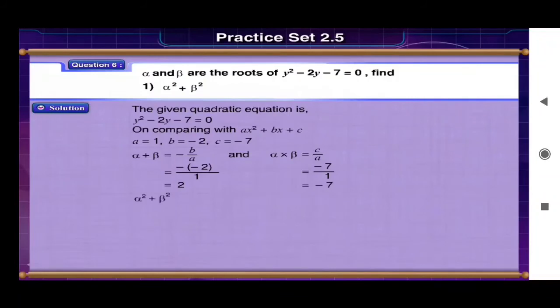Alpha square plus beta square is equal to (alpha plus beta) the whole squared minus 2 alpha beta, that is equal to 2 square minus 2 into -7, which is equal to 4 plus 14, and therefore alpha square plus beta square is equal to 18.